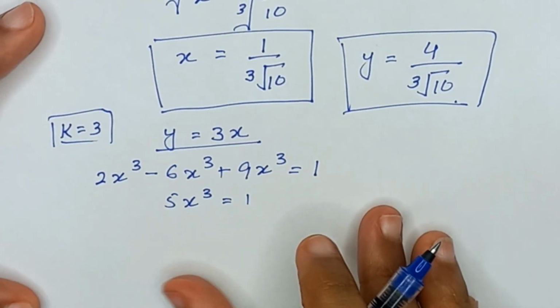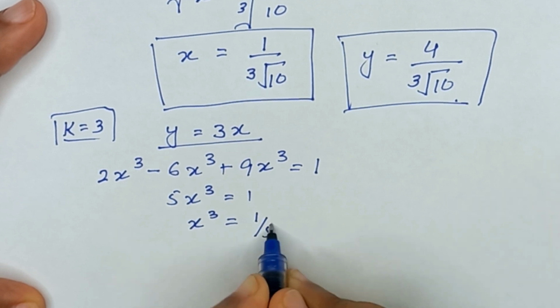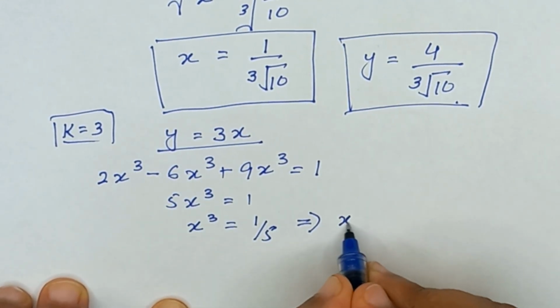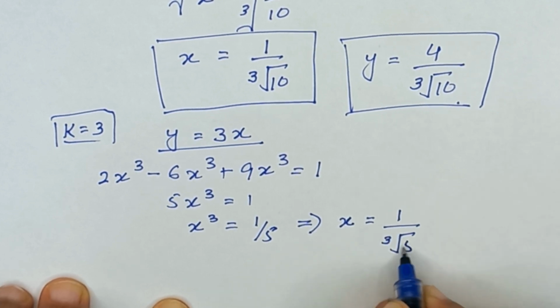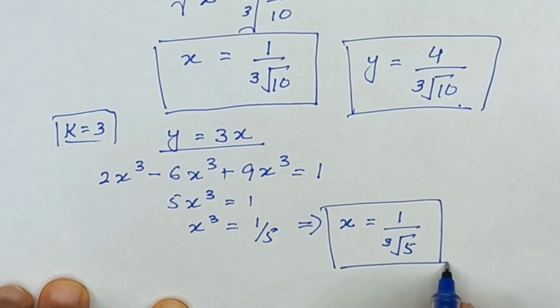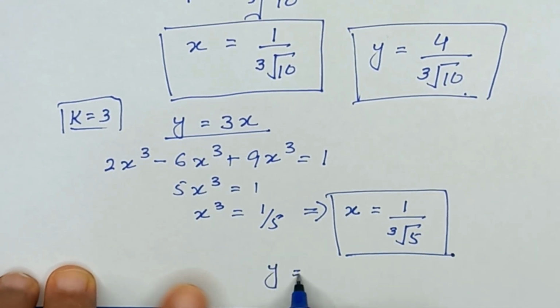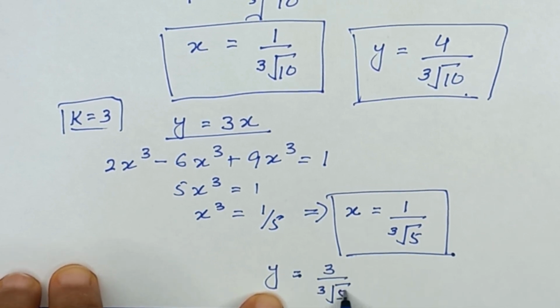When we divide both sides by 5, x cube will be equal to 1 divided by 5, and from here taking cube root on both sides, x will be equal to 1 divided by cube root of 5. When x is equal to 1 divided by cube root of 5, then y will be equal to 3 divided by cube root of 5.